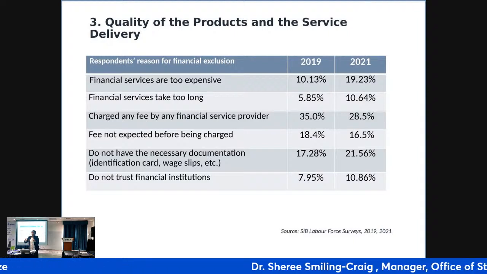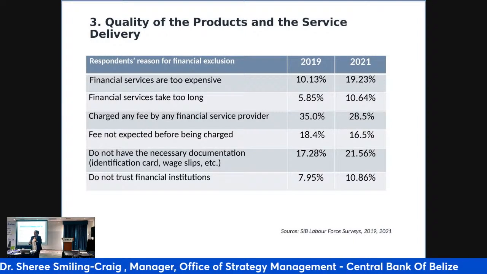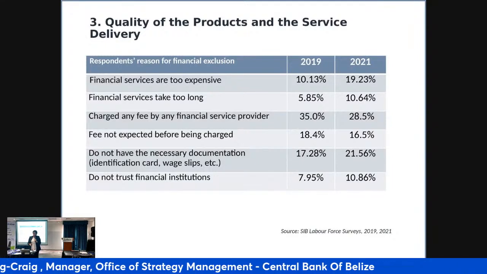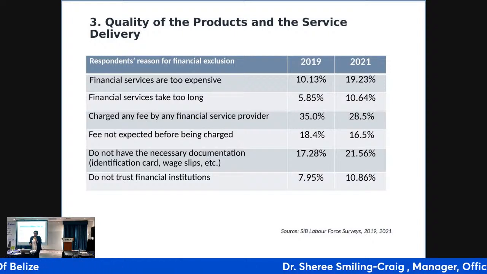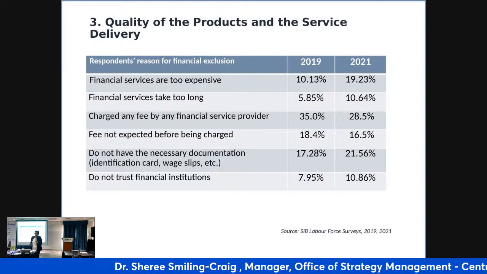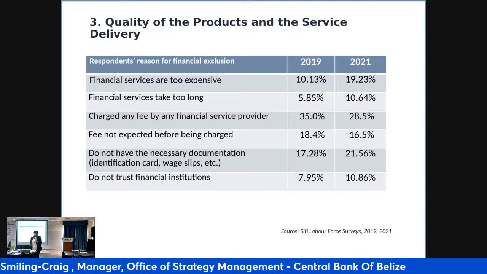So at least you see education happening here. The financial institutions are saying, this is the charge for this service, and people understand that. They don't have the necessary documentation, that went up. And they do not trust financial institutions, that also increased. And this data is from the labor force surveys every 2 years.